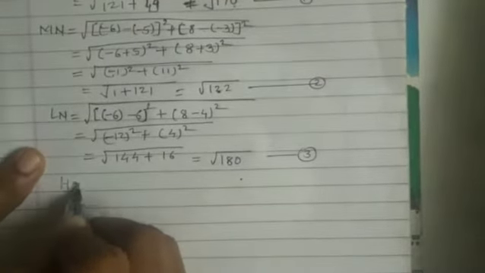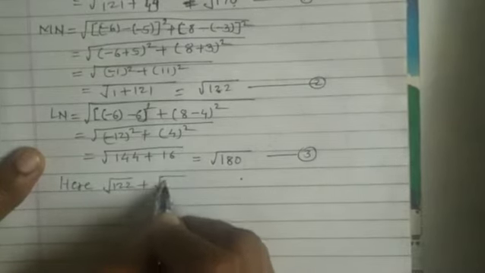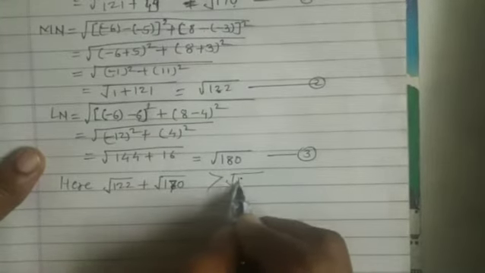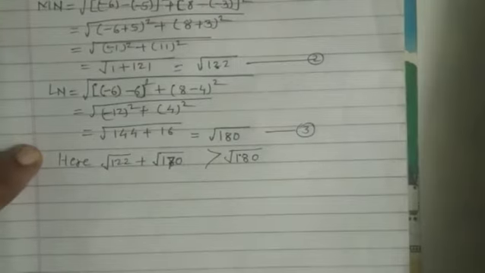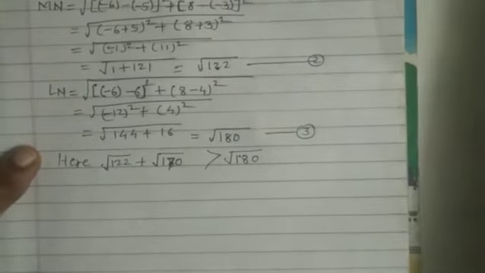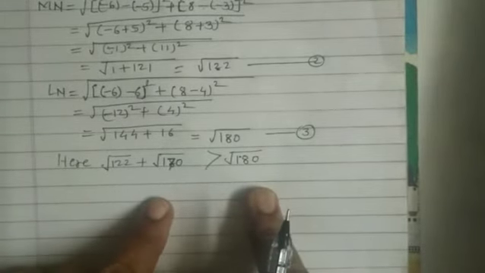Means we can write here root 122 plus root 170 is greater than root 180. But these are not integers, and that's why here we have to prove whether this is true or not.